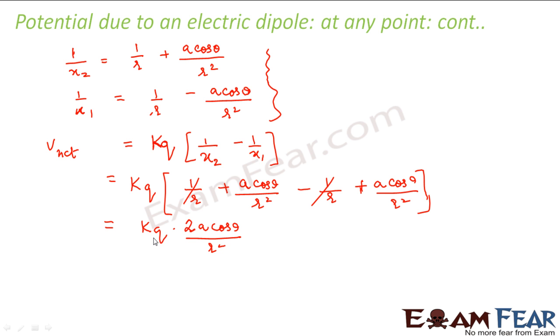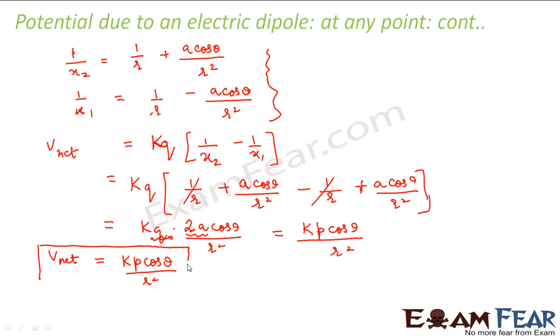Now, charge multiplied by the distance between them can be replaced by the dipole moment. So it becomes Kp cos theta divided by r square. So the net potential due to an electric dipole at any general point is given by Kp cos theta divided by r square, where theta is the angle formed by that point with the dipole and r is the distance of the point from the dipole.